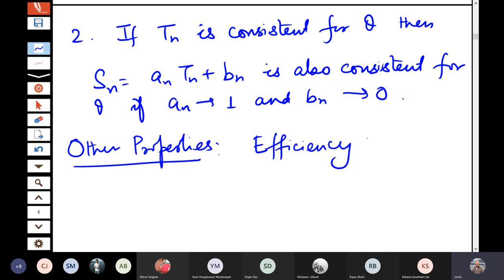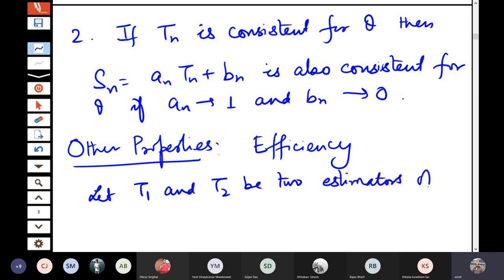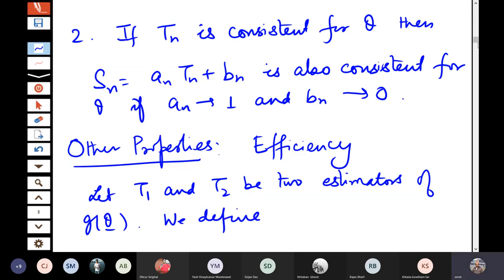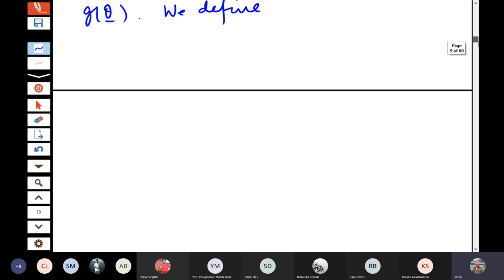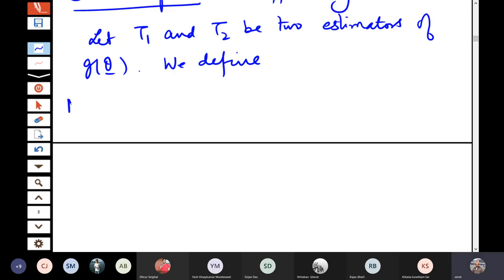So what is efficiency? Let T1 and T2 be two estimators of g theta. We define the expected mean squared error.